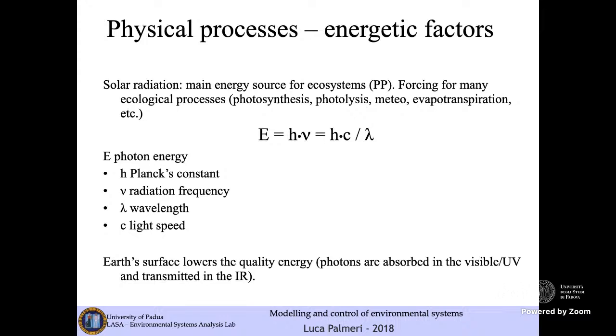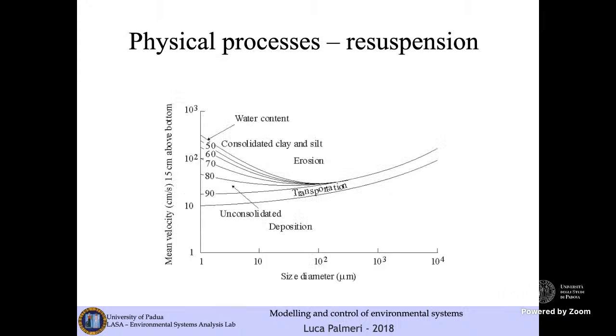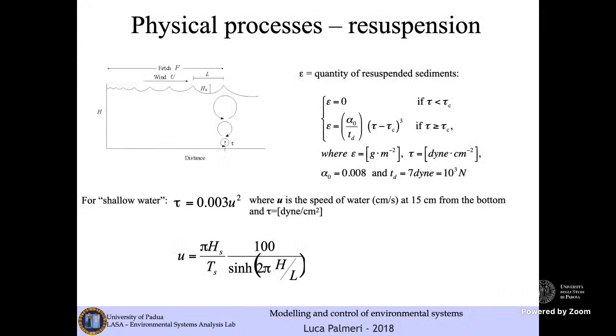So the resultant of the forces in a steady state condition is equal to 0 because the acceleration of movement is equal to 0. From this you derive Stokes' law, from this you derive settling speed, but then we may employ a more sophisticated approach to describe the resuspension process, which is the reverse of the settling process.